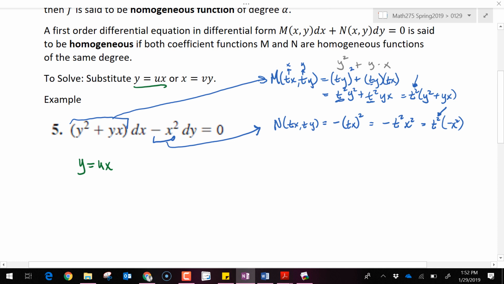So what does that mean? I'm going to replace this with u times x squared plus u times x dx. So I'm replacing all the y's with u times x's. Minus x squared times dy. Looks like I need to find a differential of this, right?